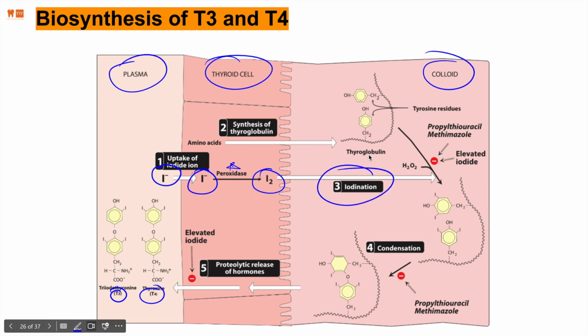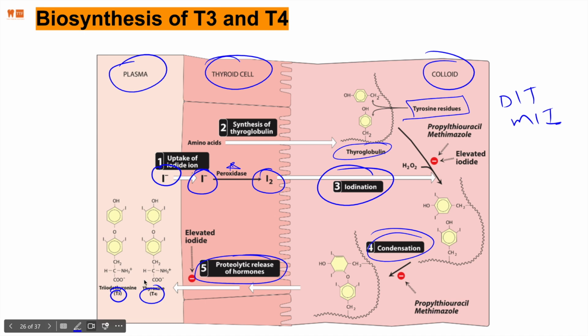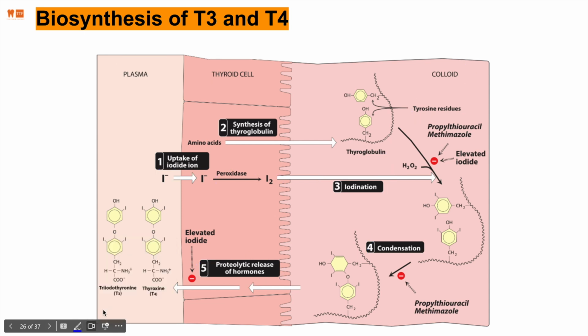Iodination takes place inside the thyroglobulin's walls where tyrosine is located. Tyrosine will become a DIT, MIT once it combines with the iodine. Condensation will take place, and of course proteolytic release of the hormone will take place, and the bloodstream will have T3 and T4.